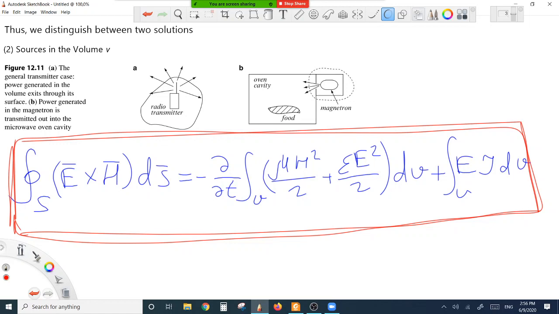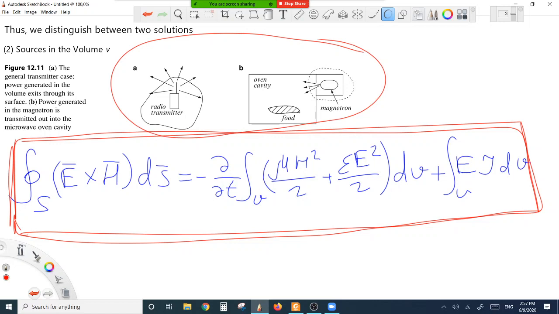As we expected, the flow of power is out of the volume. This is also called the transmitter case, and it can be seen in this figure. The first shows a transmitting antenna, such as from a mobile phone, for example.